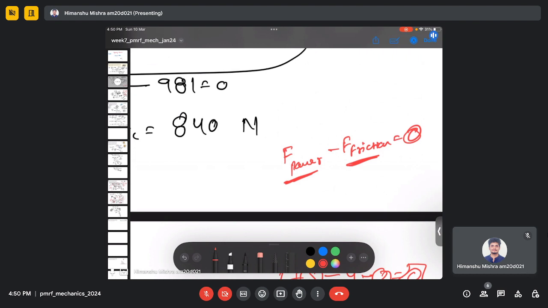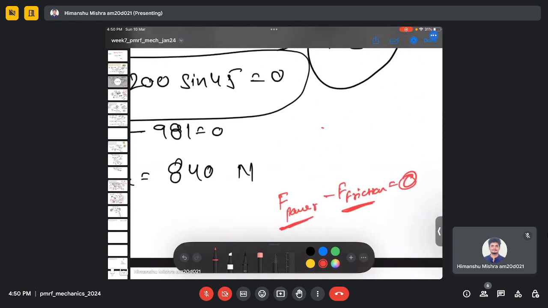Why should it? For example, let's say you are moving on a bike, moving ahead with 30 meters per second. You will find some air resistance. Now, if you move with 60 meters per second, you will find more air resistance. Whether the resistance is from the air or from the ground, it doesn't matter. Both are friction only.